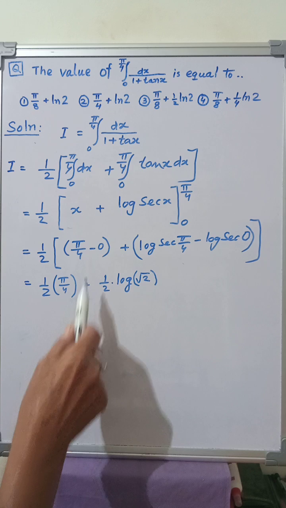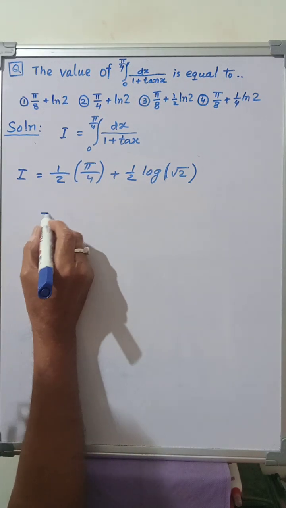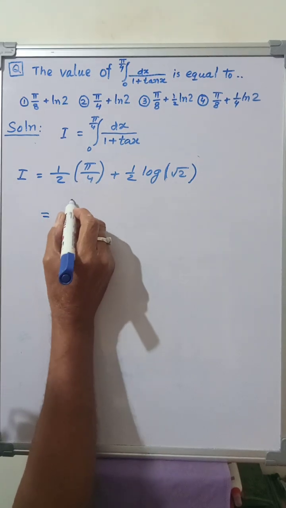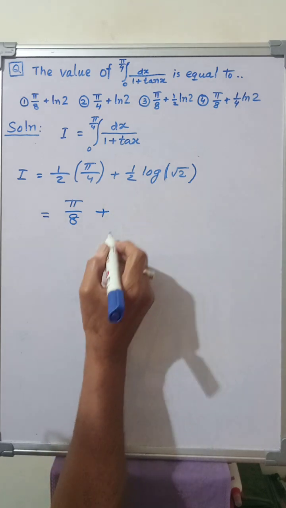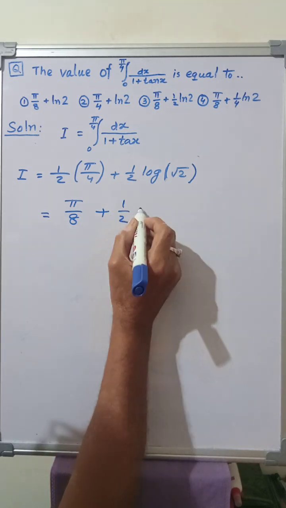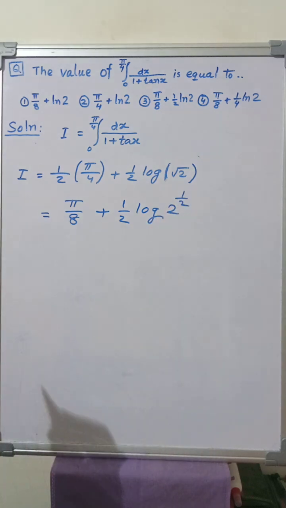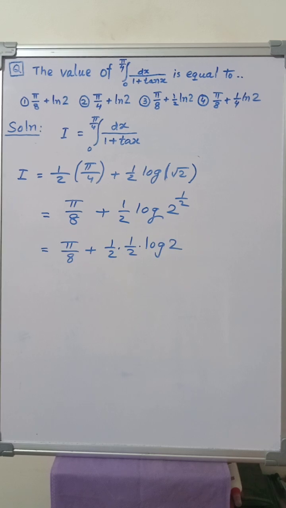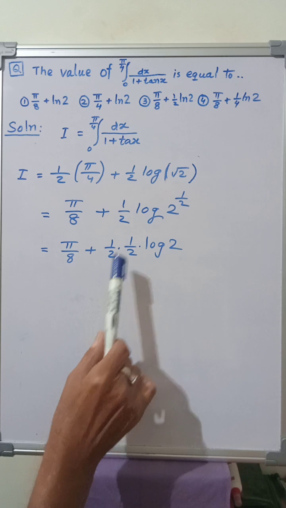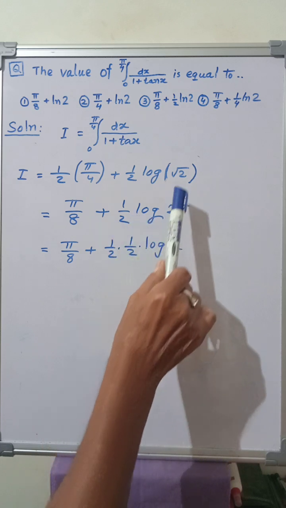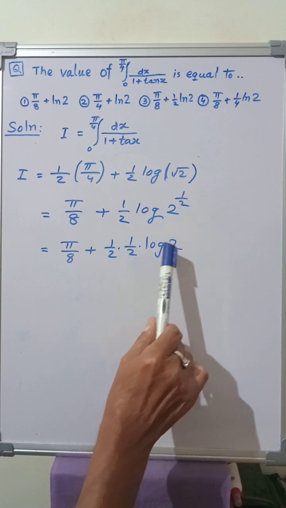Now let us remove this and put it there, which gives I is equal to half of pi by 4 is pi by 8 plus half log root 2. Let us write this as half log 2 to the power half. Now I is equal to pi by 8 plus that log 2 to the power 1 by 2 becomes 1 by 2 into log 2.